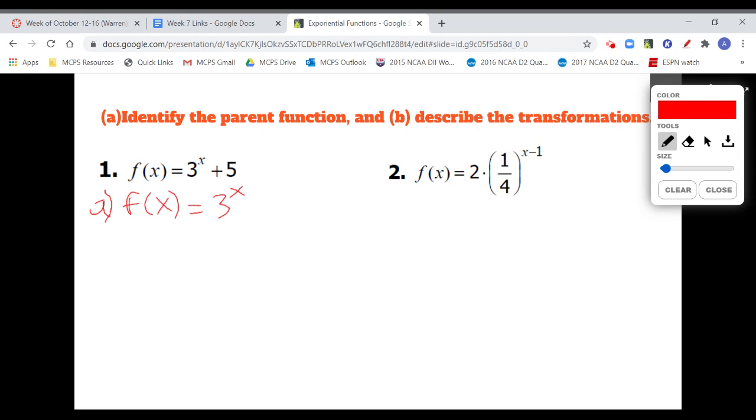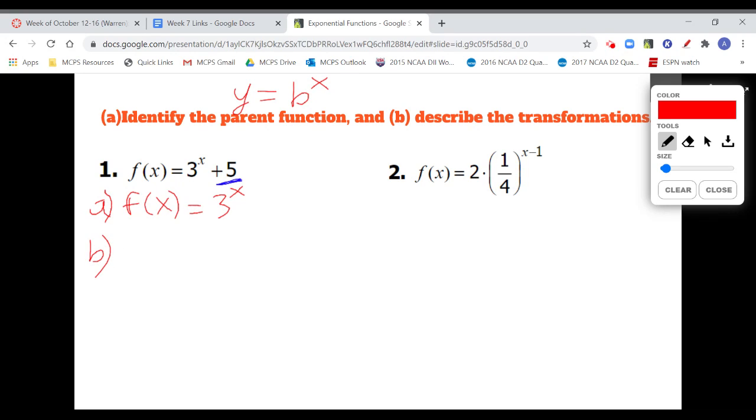So my parent, if you remember this from the beginning of the lesson, is just b to the x. So whatever the base is to the x power. So in this case, it is 3 to the x. When I go to look at my function, I'm going to look to see, is there anything else happening in this function? Well, the only other thing happening is a plus 5 way out at the end. It's just sort of doing its thing on its own.